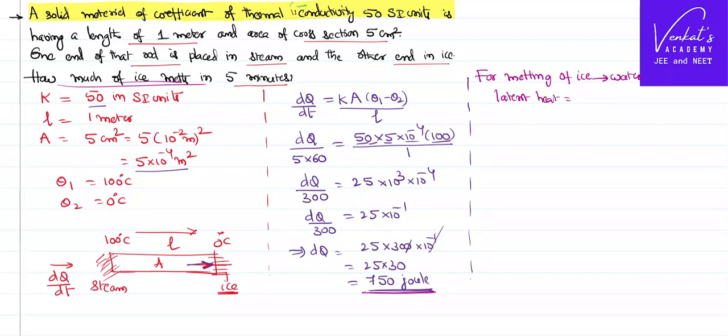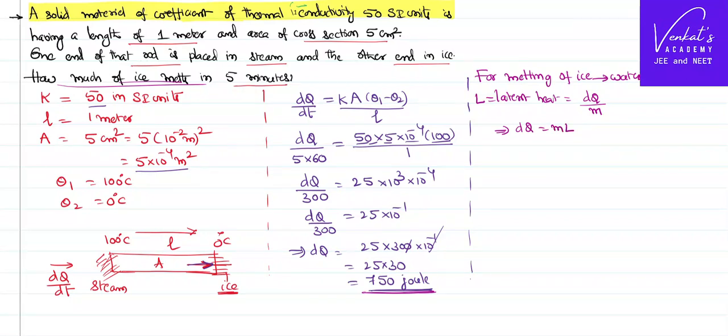Latent heat is defined as the amount of heat required to convert unit mass of a substance from one state to another state at a constant temperature. So latent heat L equals dq by m, where m is the mass. From this I can write dq equals mL.